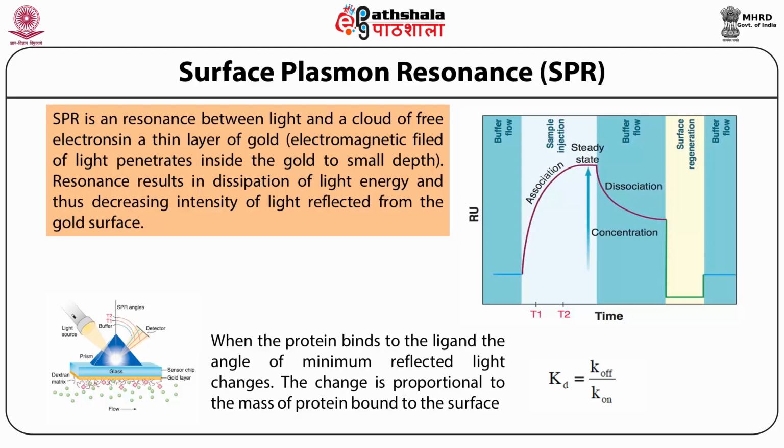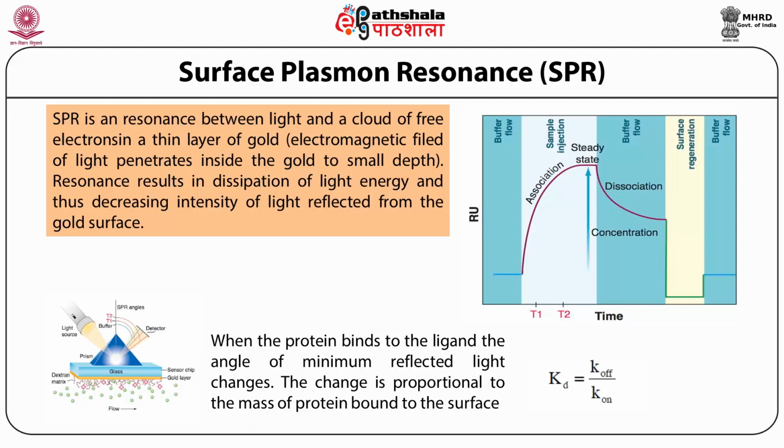If you get the plot, there is no response when only buffer is flowed, but once the sample is injected and if association occurs, you will get an immediate increase in the response, and the time to steady state shows how strongly this complexation occurs. Then dissociation buffer is passed and you can see the complex dissociates, and then the surface is regenerated.